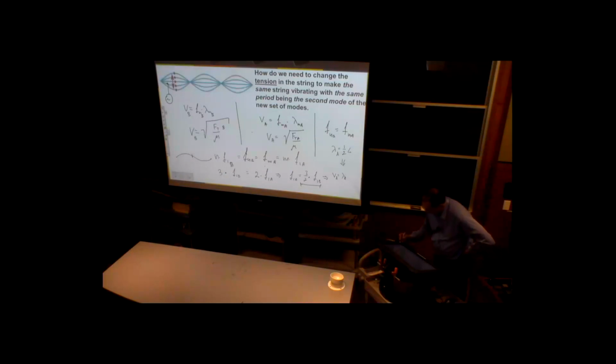Actually, I'm just writing the same equation again. So I actually didn't even need this, so I can erase it and I can draw an arrow right here. All right, so same frequency, new wavelength, that gives new speed, and that gives the new tension.